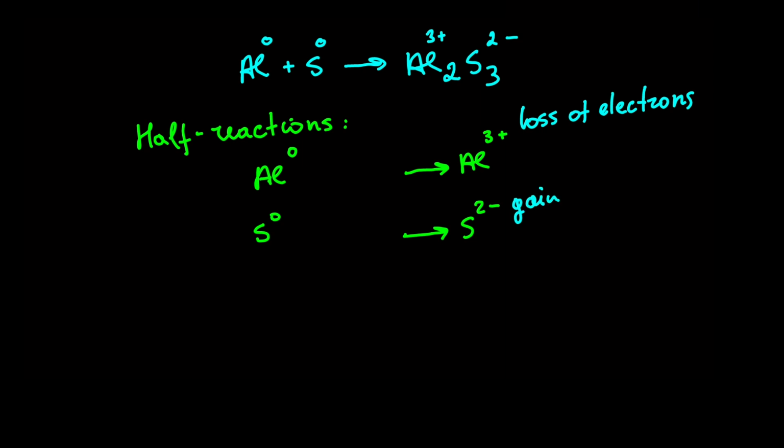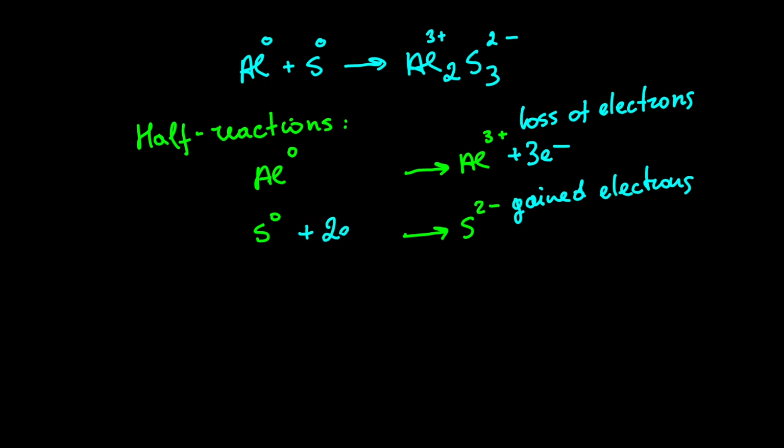So aluminum lost 3 electrons and became an aluminum ion. Now we can write minus 3 electrons before the half reaction, or we can write plus 3 electrons after the reaction. Like in mathematics, when you move a number from one side to another, the sign changes. The same goes for sulfur, but in its case, sulfur gained 2 electrons and became a sulfide anion.